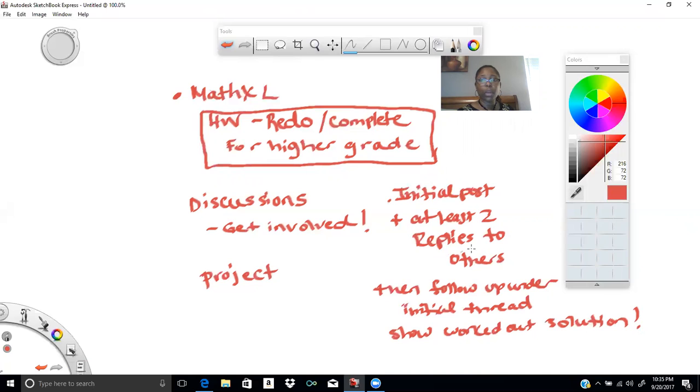You want to make sure when you are replying to others, especially in math, if there's a challenge question, show your work.